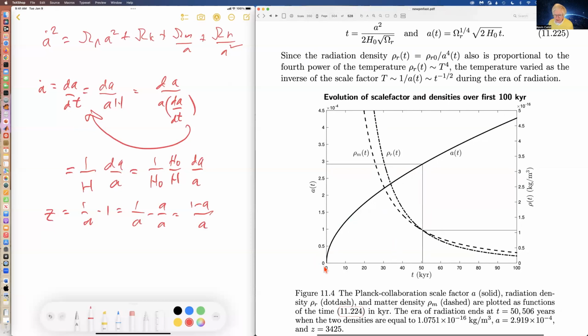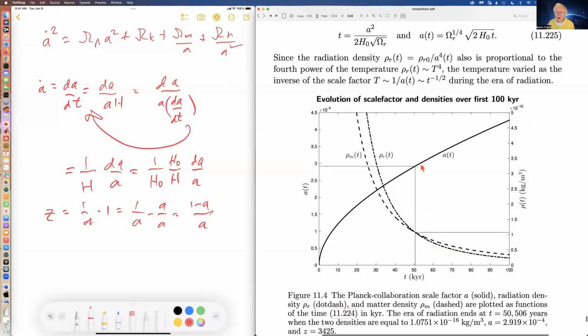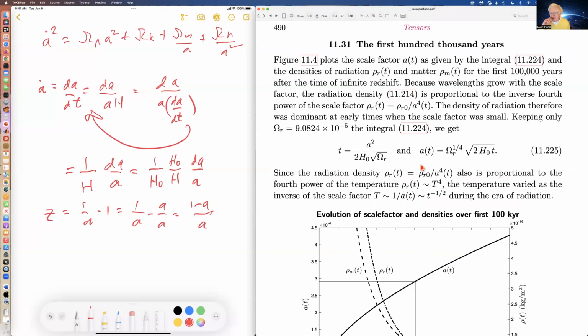And here, this curve then is A of T. And so for this first 50,000 years, you can see that this is going as essentially the square root. Well, let me not do it by eye, but rather get, yeah, I was right, it is the square root.